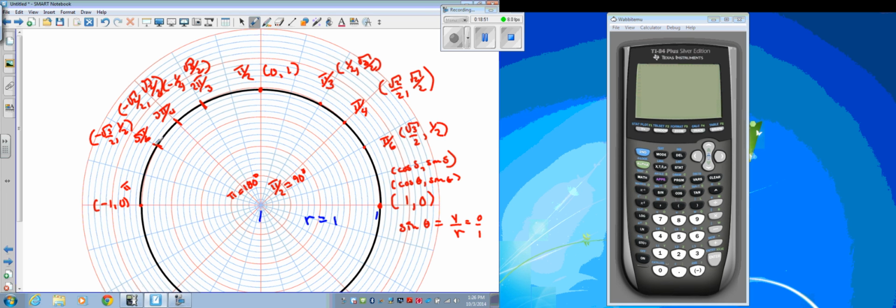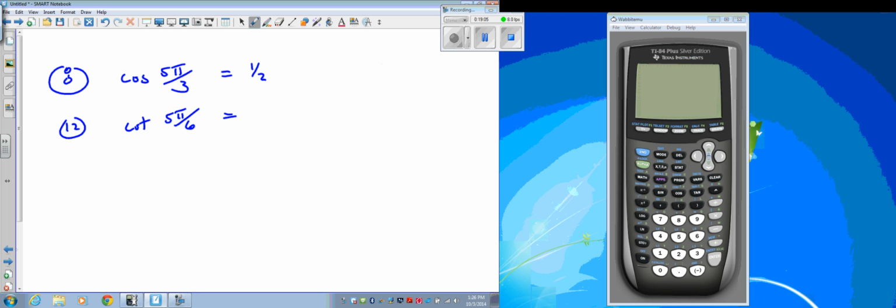The tangent is what? Sine over cosine. So the cotangent is cosine over sine, right? So what we have for cotangent is the cosine of 5 pi over 6 over the sine of 5 pi over 6.